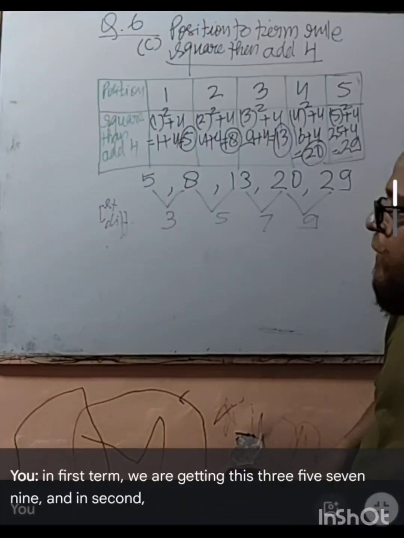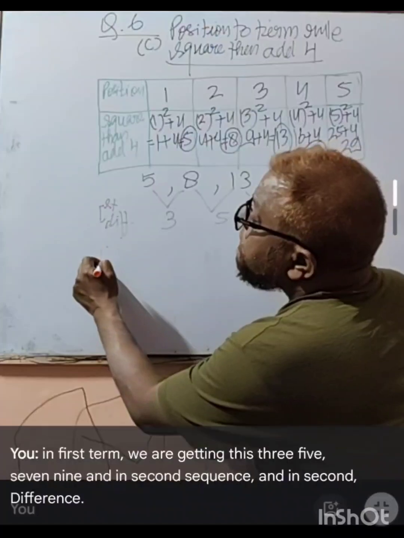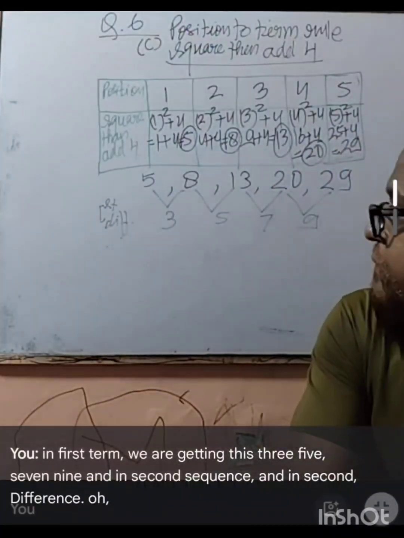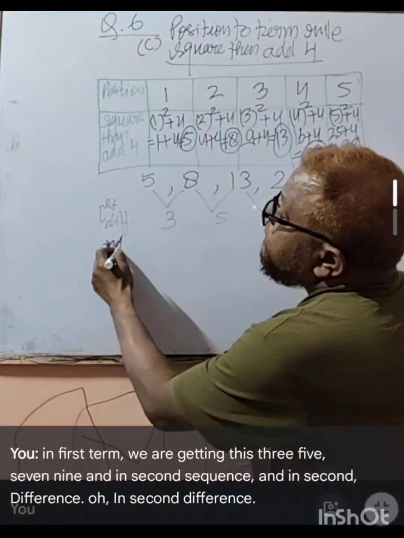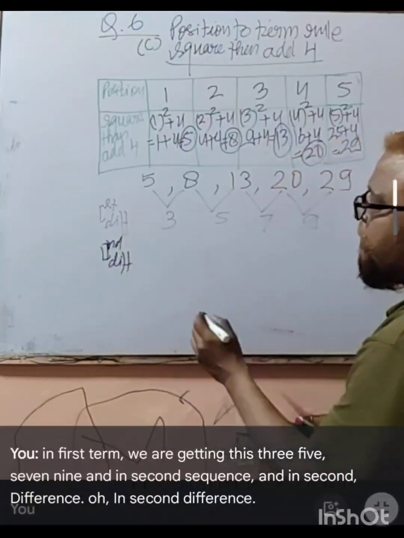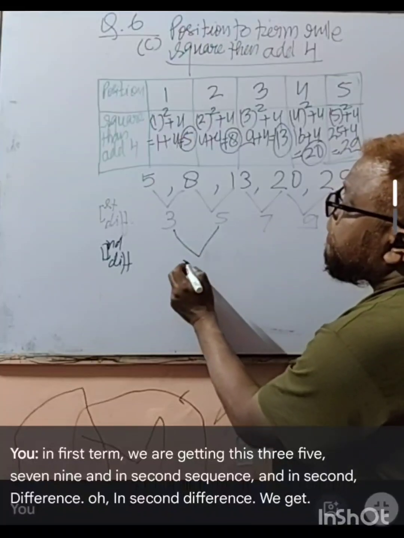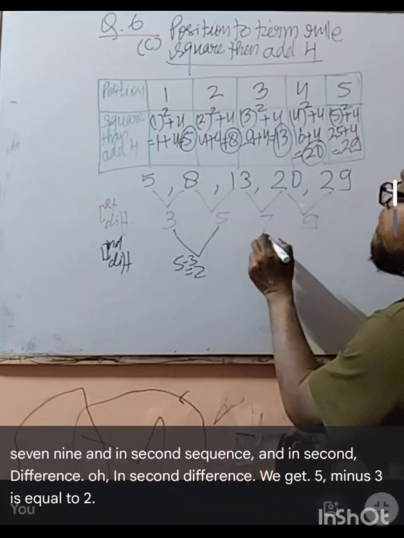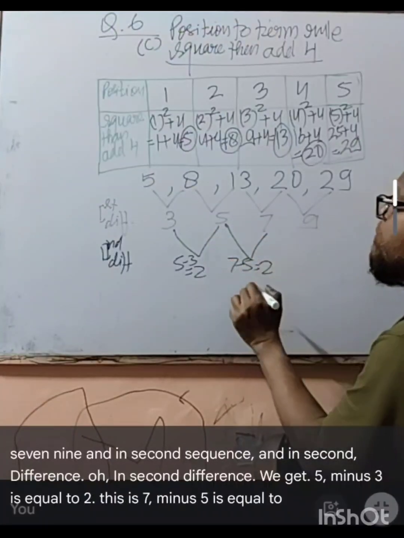And in the second difference, we get 5 minus 3 is equal to 2. This is 7 minus 5 is equal to 2.